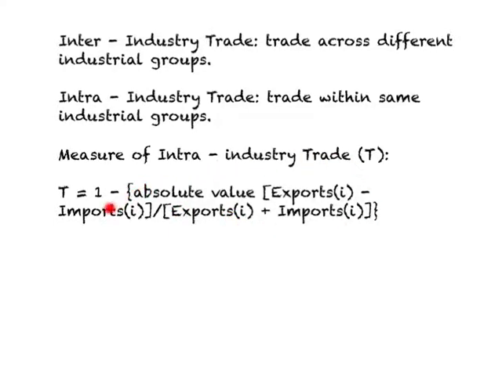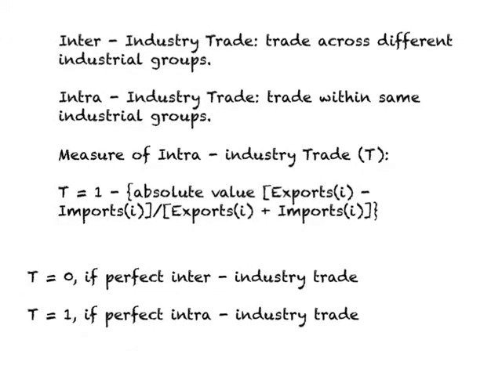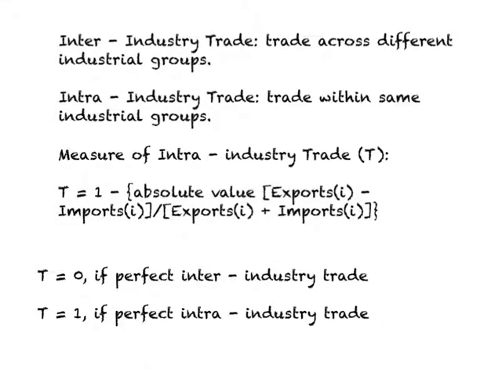This whole ratio will collapse to 1. And the difference between 1 and 1 is 0. So when we have perfect intra-industry trade, the value of T equals 1. And when we have perfect inter-industry trade, the value of T equals 0.